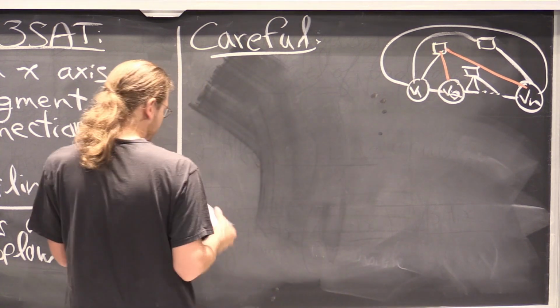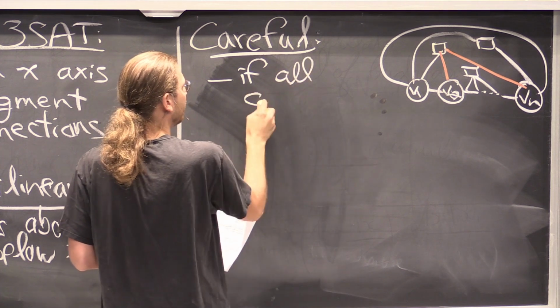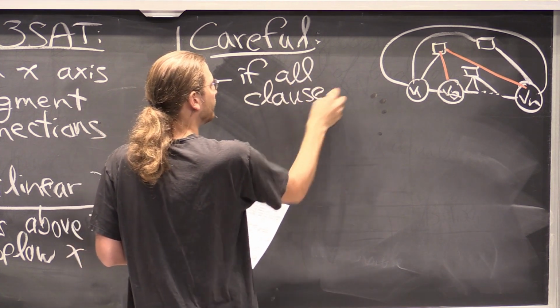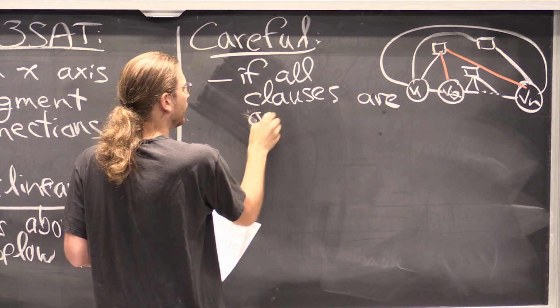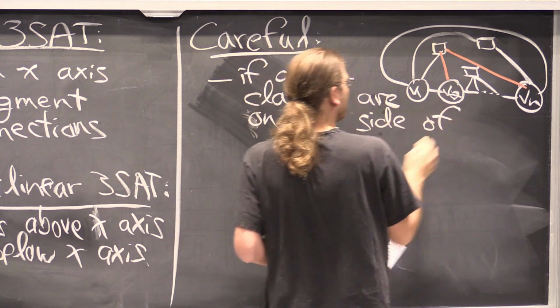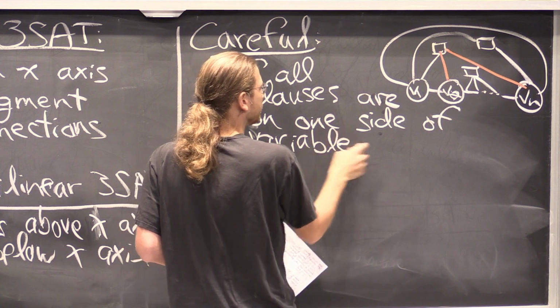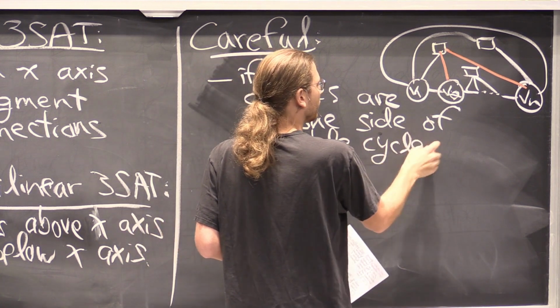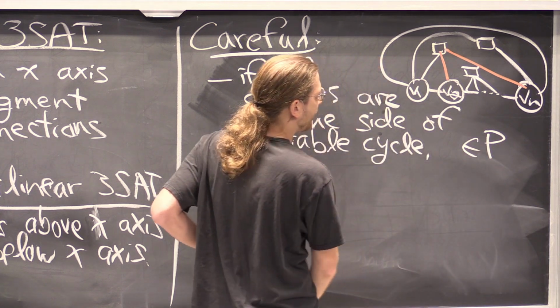Okay, so rephrase this. If all the clauses are on one side of the variable cycle, then that version of 3-SAT is polynomially solvable.